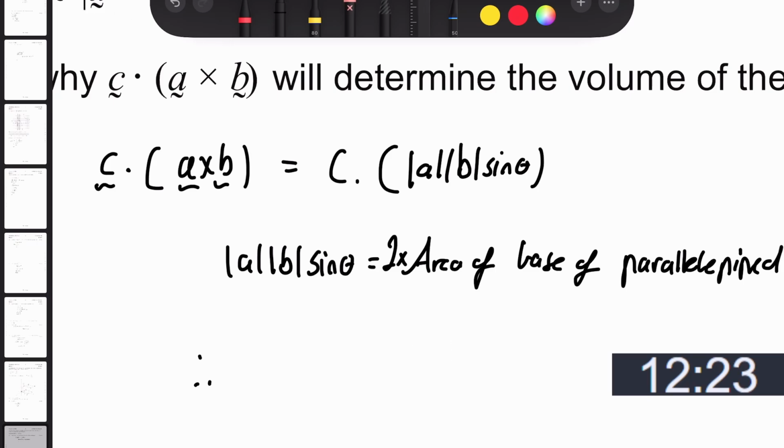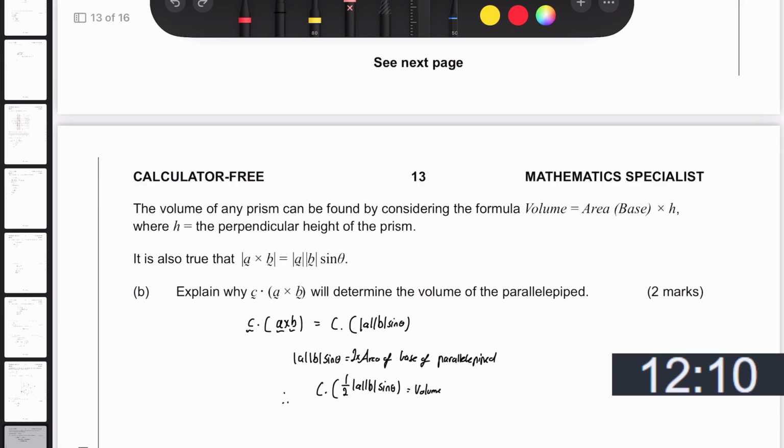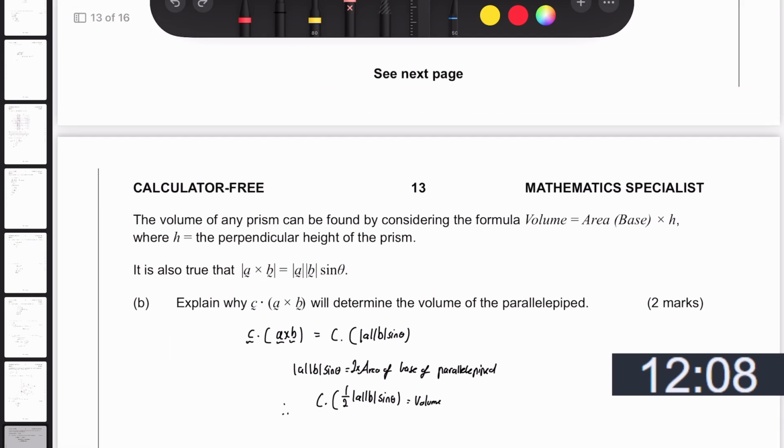So I need half of it. So C dot half of AB sine of theta is going to equal volume. But what does this half and this C go into? I need the perpendicular height of the prism.